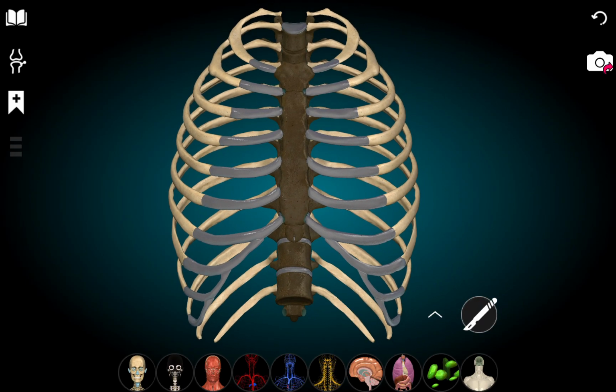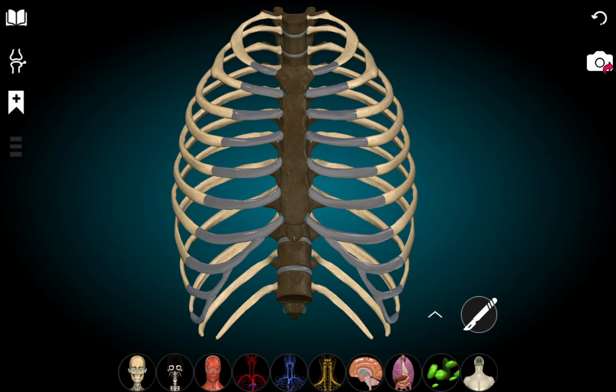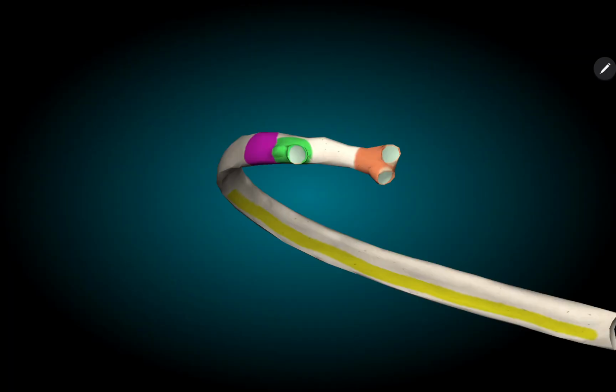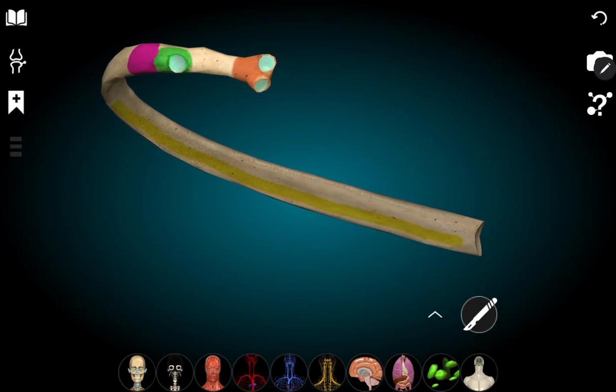And these ribs are also divided by their anatomical parts. Ribs have facets, head and neck, tubercle, body, and that's all.